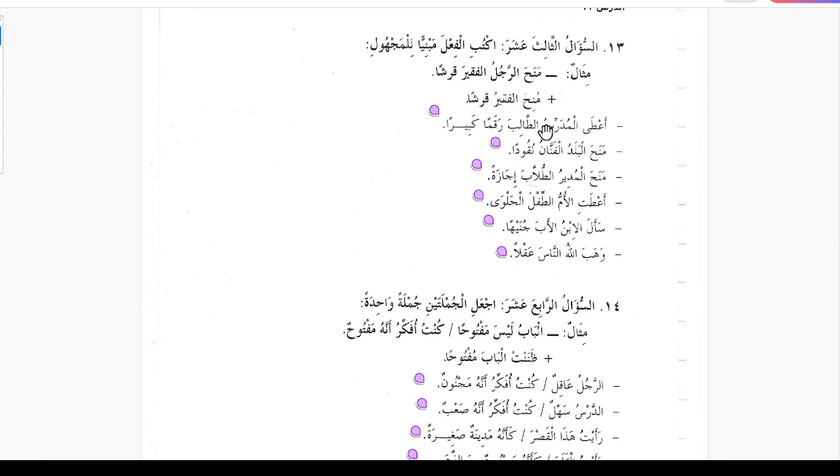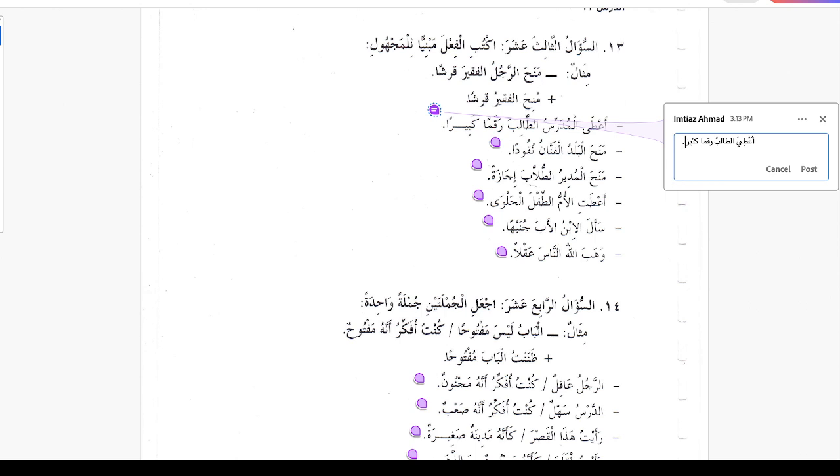So we're gonna see that the fa'il is out, and then the maf'ul bihi will become the naib fa'il, it will be marfu. So we can say ata will change to utiya, ataliba becomes talibu, this is out. The student was given rakman kasiran or kabiran. I put kasiran, should be kabiran.